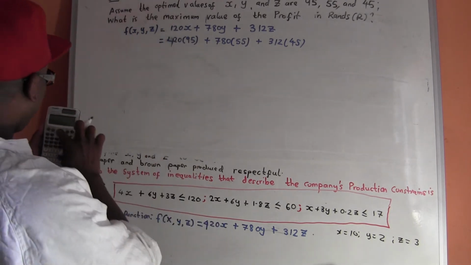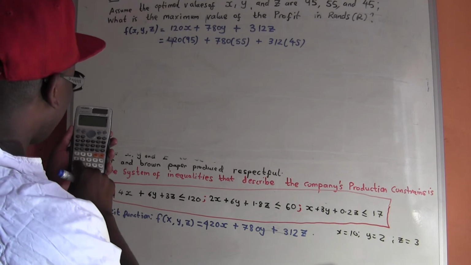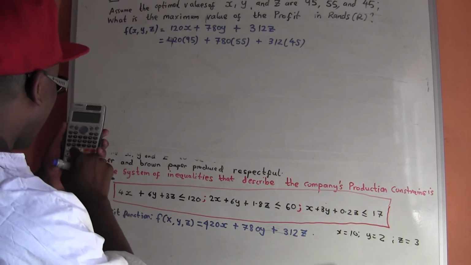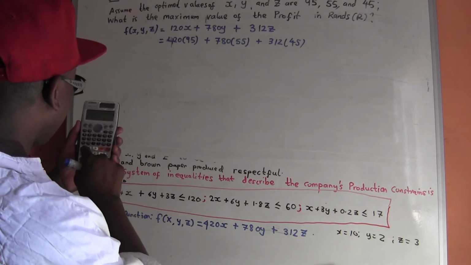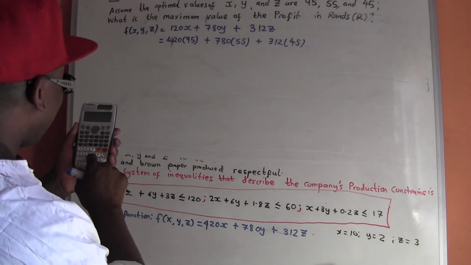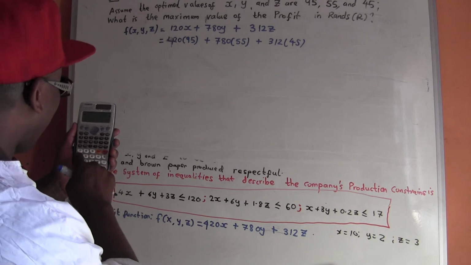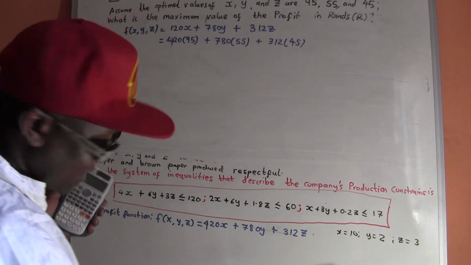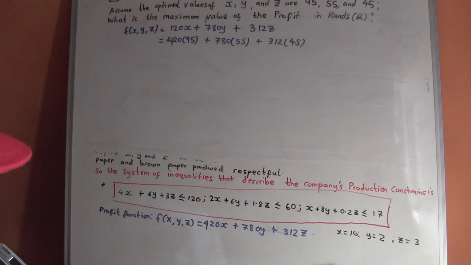It's not 120. So here I'm going to say 420 because I'm just trying to look at the option here. I can see 95 and then plus 78 and then 55 with plus 312 in the bracket 45. Fantastic.